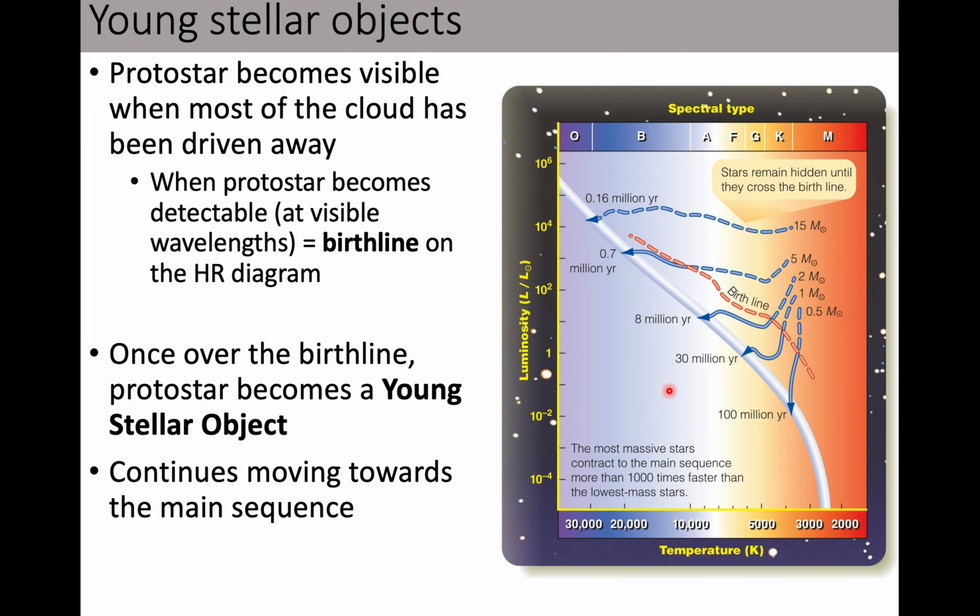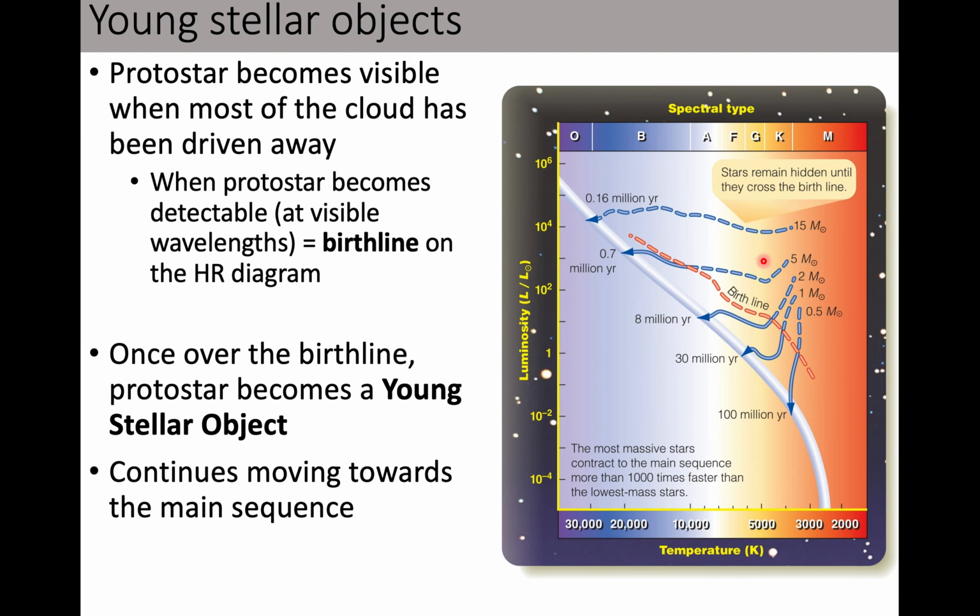So if we're thinking about our favorite graph, the HR diagram, when the protostar becomes visible, we know that that is when it has cleared most of the ISM cloud around it, cleared all that material. And the protostar will be in the upper right-hand corner or side of the HR diagram as a protostar.